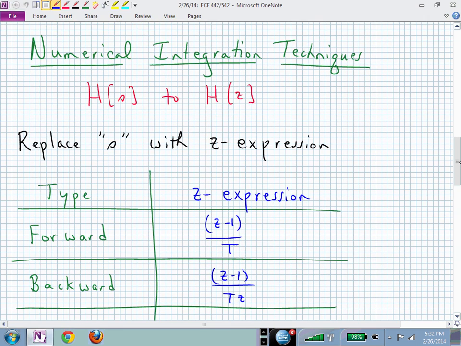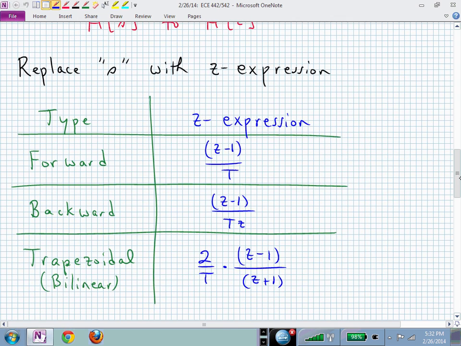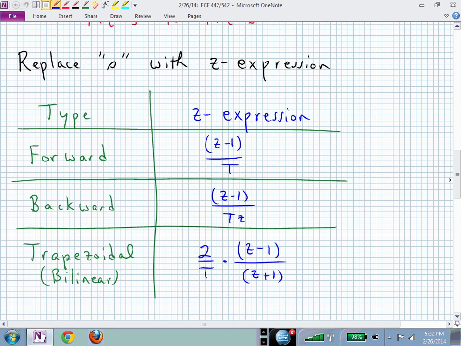And last time we illustrated where these substitutions come from. I've tried to put it here in a tabular form. We want to create an H of z from an H of s. And we looked at 3 different ways of doing that by substituting a different z expression for all the different s's in your transfer function.